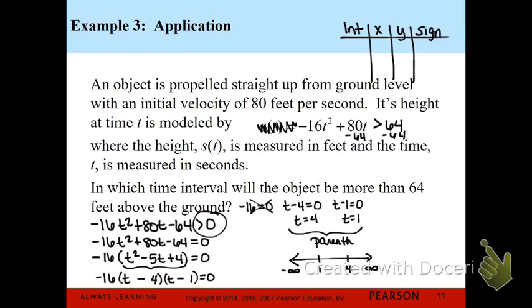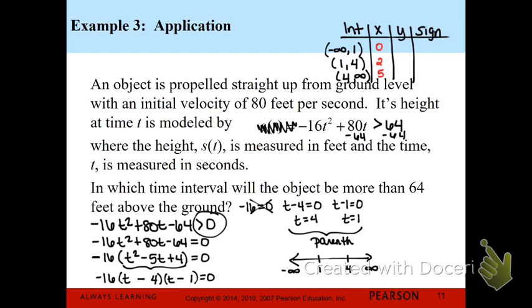I can see my intervals there in my number line. So negative infinity to 1, and at 1 we're going to use parenthesis, 1 to 4, and at 4 we're going to use a parenthesis, and then from 4 to infinity. So let's pick a number in each interval: from negative infinity to 1, from 1 to 4, 4 to infinity.